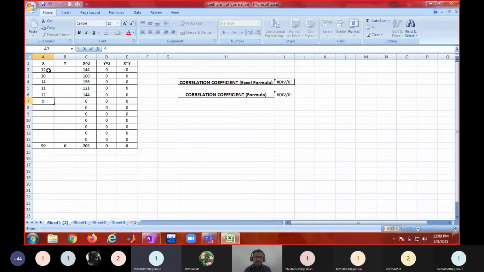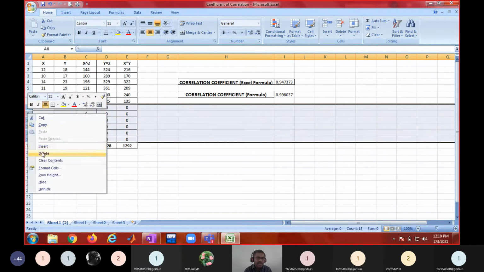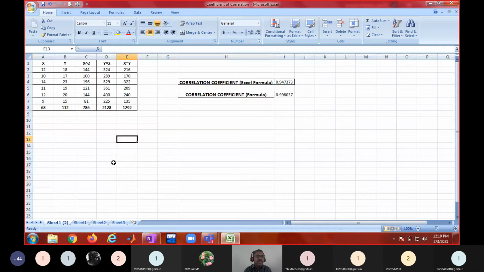And what are the Y values? 18, 17, 23, 19, 20, 15. Let us remove the remaining cells so that the formula will automatically take care. To write the normal equations, this will be sufficient. Now, how many data points are there? 6 data points are there.